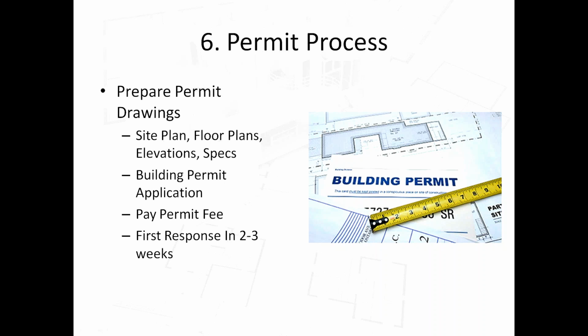Okay. So in terms of the permit drawings, most cities will require, well, actually no, all cities will require a site plan, and at the very minimum site plan, floor plans, and construction specifications. The site plan is just to show your property in relation to the house and the secondary unit in relation to the overall property.